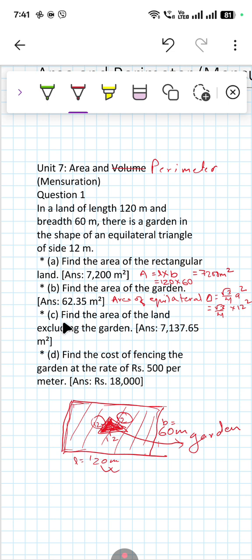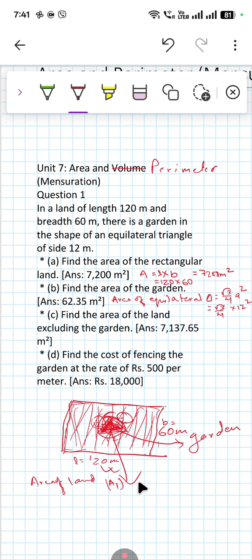Now coming to the third question, find the area of the land excluding the garden. Excluding the garden means first take the area of the land, and from there you remove this, this is called excluding the garden. So let us suppose the area of land is A1.